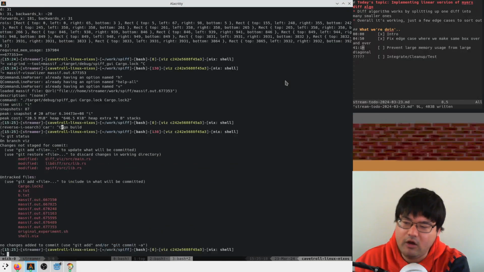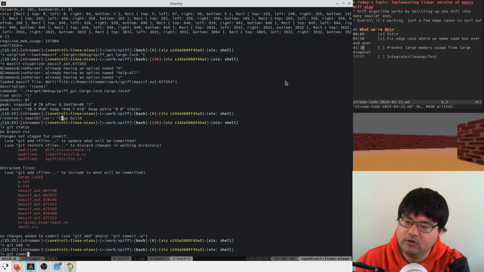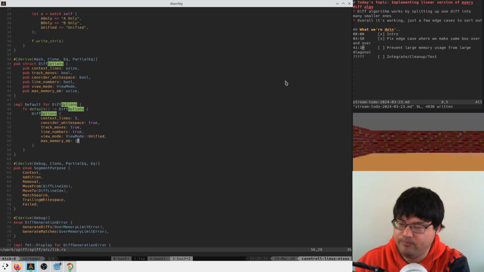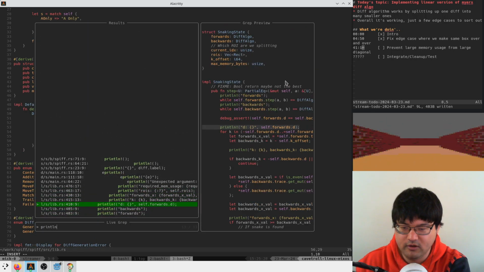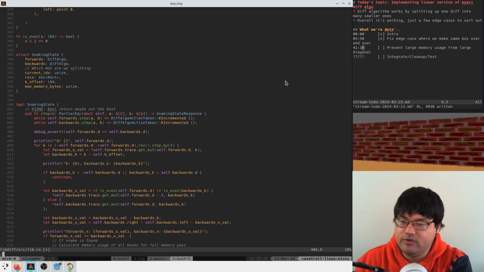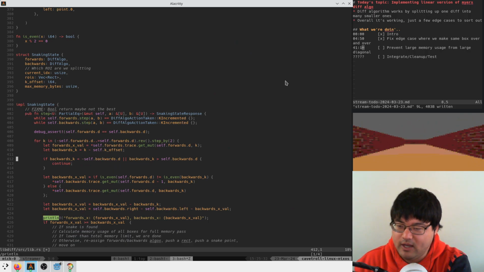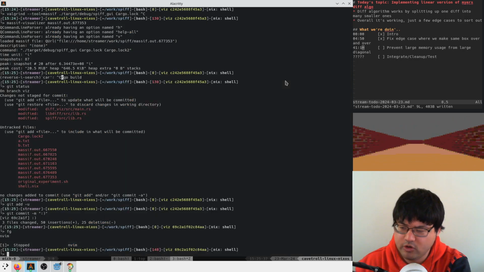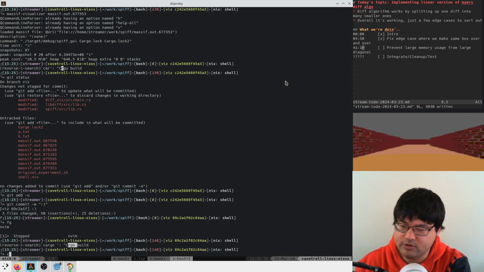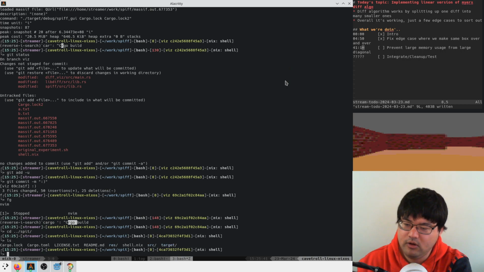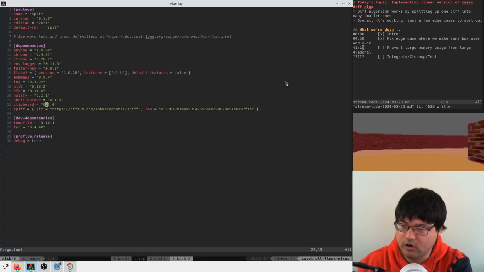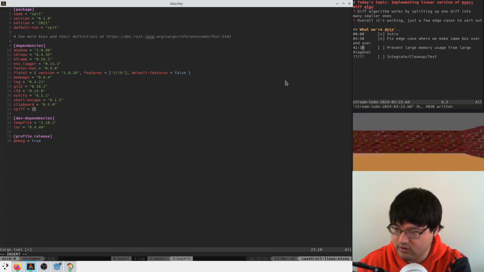Okay, so now I think what makes sense is to first look for print lines and nuke all of these annoying print lines because they're going to be a pain in a second. Okay. And let's go to spit, our git GUI, and update our dependency on our diff tool to use what we just changed.